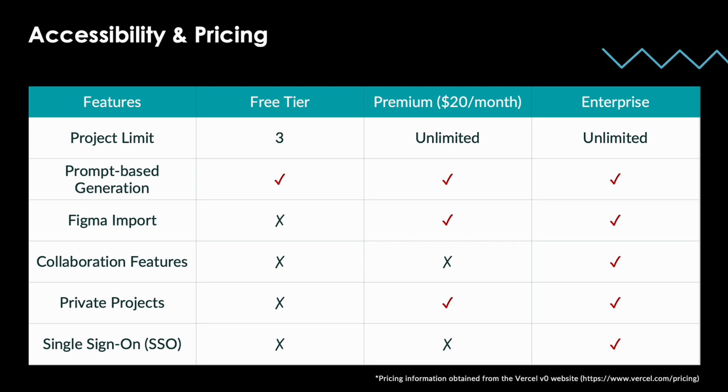The premium plan includes Figma import and unlimited projects, while the team plan and enterprise offer collaboration features, privacy controls, and SSO. It works entirely on the web, and since it's integrated with the Vercel platform, you can deploy your project instantly with one click. It also supports third-party libraries and frameworks, making it flexible for professional use.